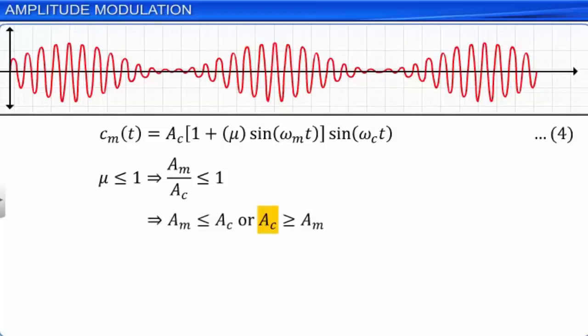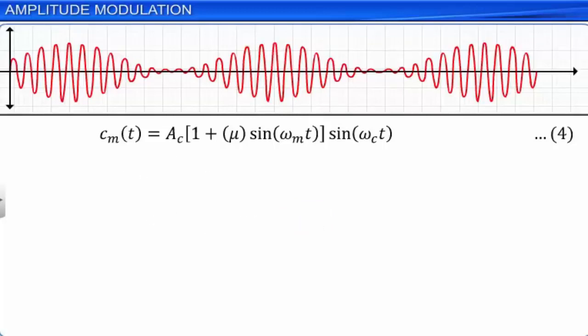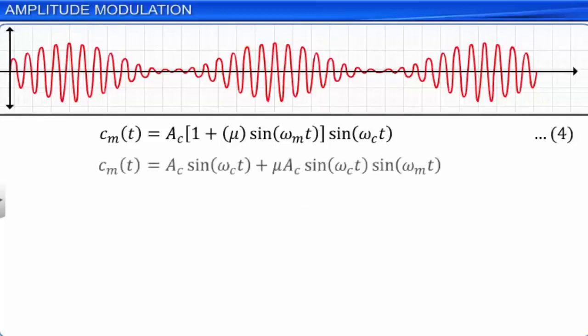On further simplifying equation 4, for the modulated signal, we get cm(t) is equal to Ac sin omega c t plus mu Ac sin omega c t into sin omega m t. Let this be equation 5.